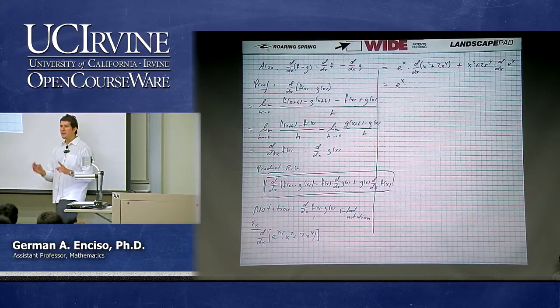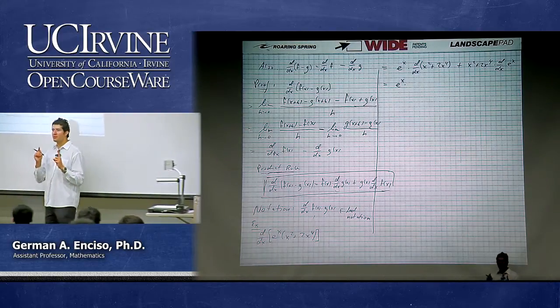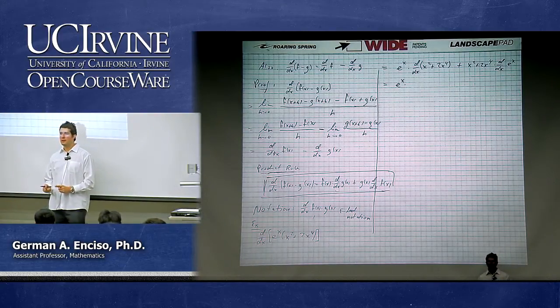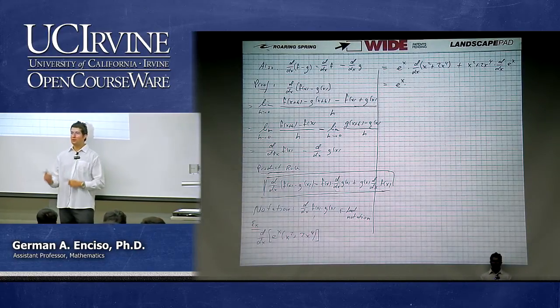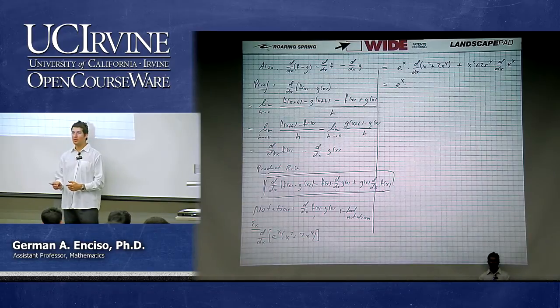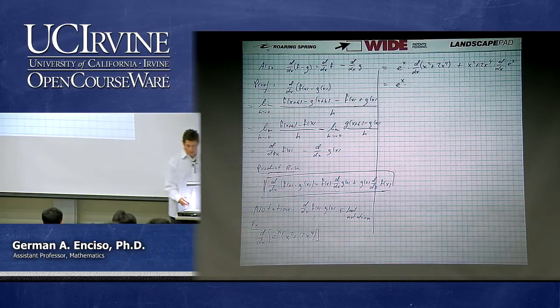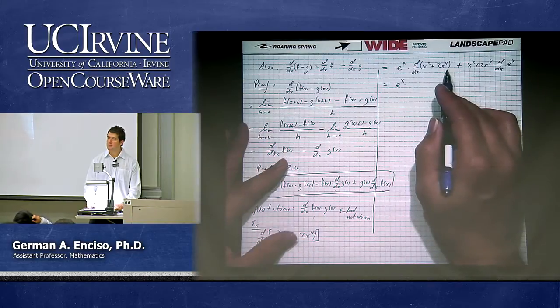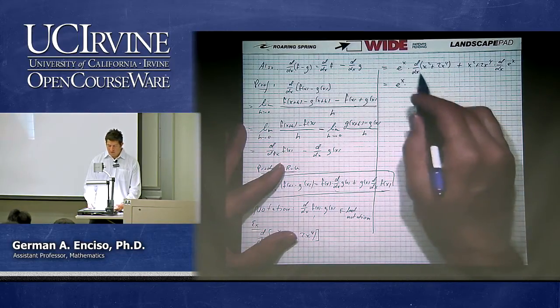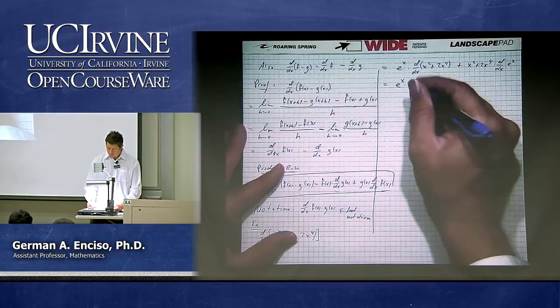Okay, so let's think about it. We have a sum, so technically we have to use the sum rule, right? If you haven't done this before, you might first need to get used to the sum rule, but you can write this down as the sum of the derivative of this and the derivative of that, right? What is the derivative of x squared? 2x.